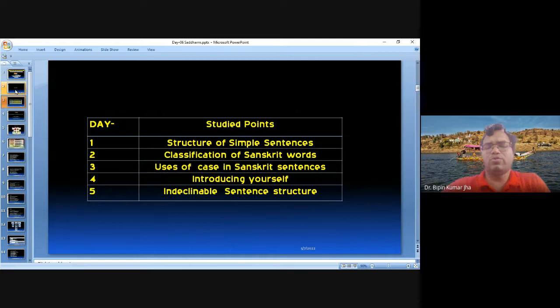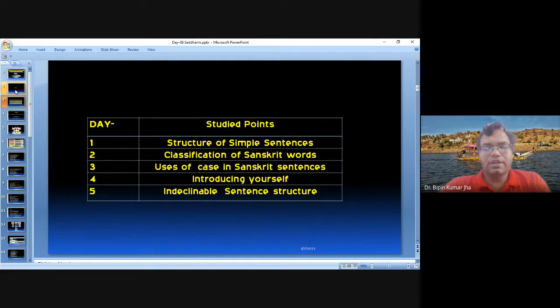In the very beginning, on the first day, we started with the structure of simple sentences. On the second day, the classification of Sanskrit words: Naam, Akhyat, Upasarg, and Nipad.